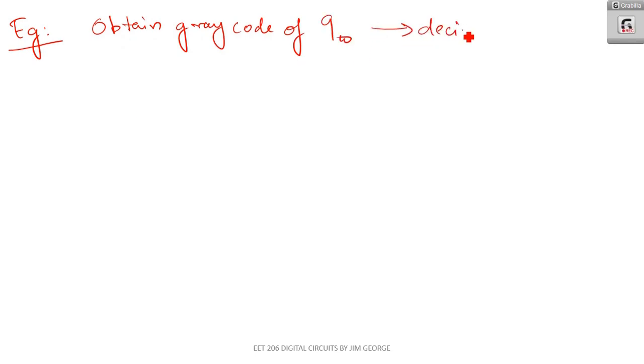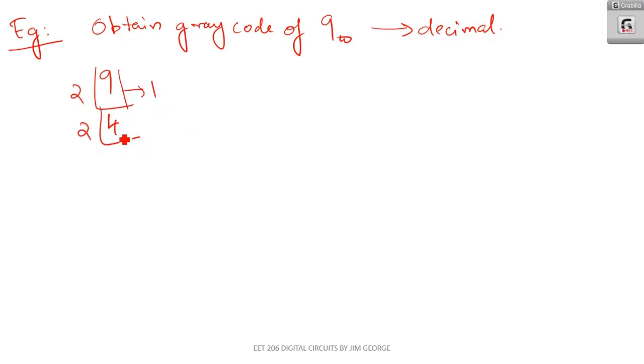So obtain the gray code of 9 to the base 10. That means here I am giving a decimal number. So first you form the binary of 9. How will you form the binary of 9? 9 by 2 is 4, remainder is 1.